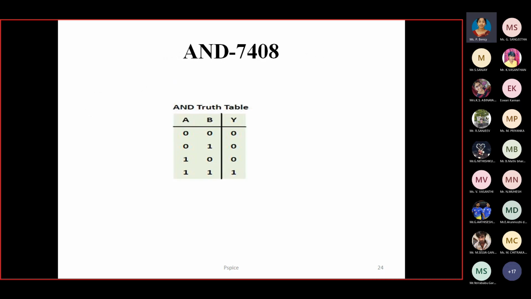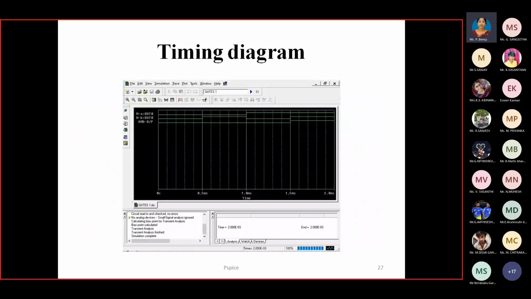Listen, for the AND gate, if any input is 0, the output will be 0. So this is the logic behind the AND gate truth table. For the OR gate, if any input is 1, the output is 1. For the AND gate, if any input is 0, the output is 0. Okay, so check here. This is the timing diagram.